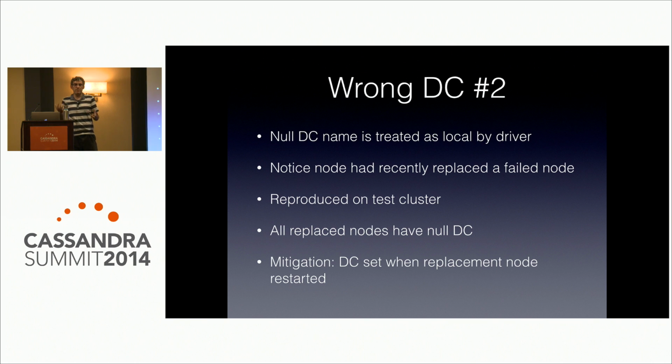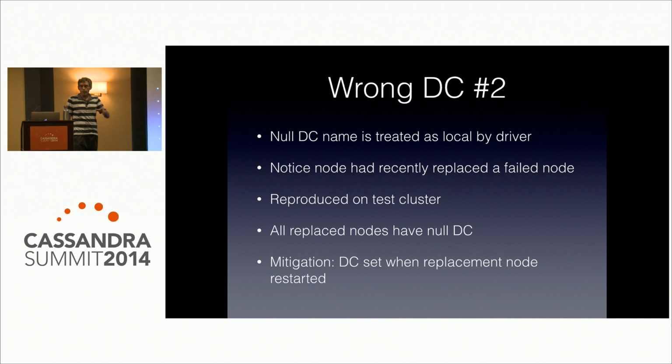I don't know if that's good. Maybe that's the right thing to do. I'm not sure. If you don't know which DC it's in, maybe if it was one node, you could just ignore it. But suppose all of your nodes return null, then your client wouldn't connect to any and you'd have an outage. So maybe you'd prefer it to choose null as local and connect, or maybe you wouldn't. I'm not quite sure if that's the right thing to do. But the main problem is, why is there null? There shouldn't be a null in the first place.